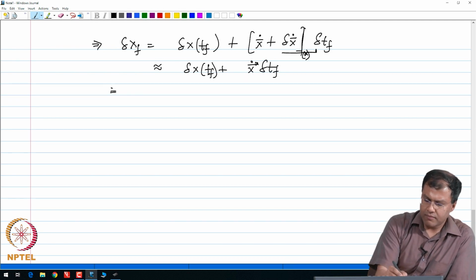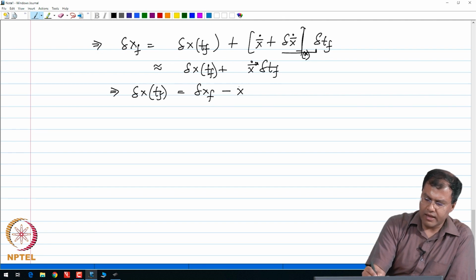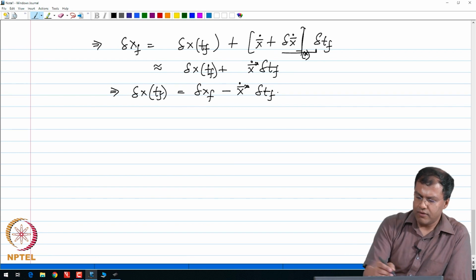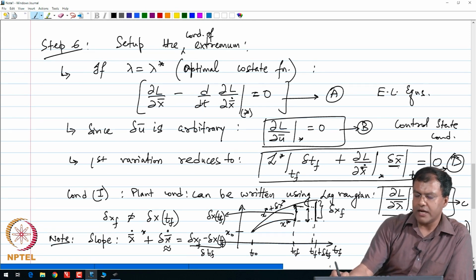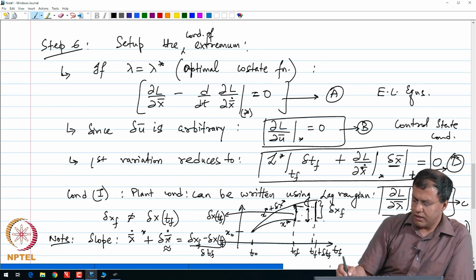In particular, my delta x at T f is delta x f minus x dot star times delta T f. The whole idea of finding this relation is that we have a quantity sitting as variation of x at T f, and we want to write it in the form of variation of x f by noting this small relation between the two quantities.